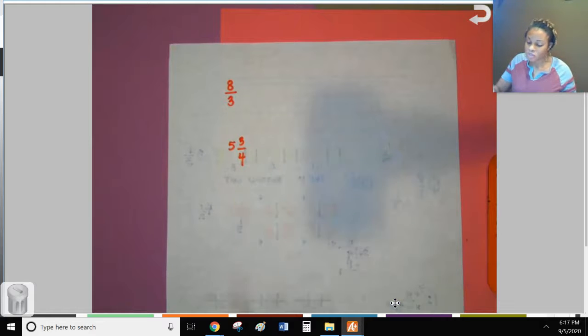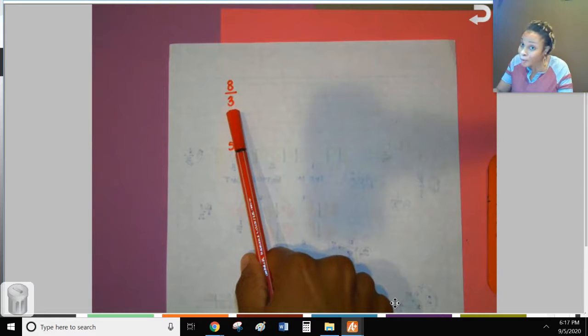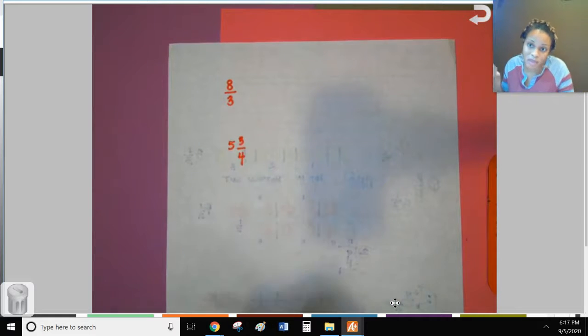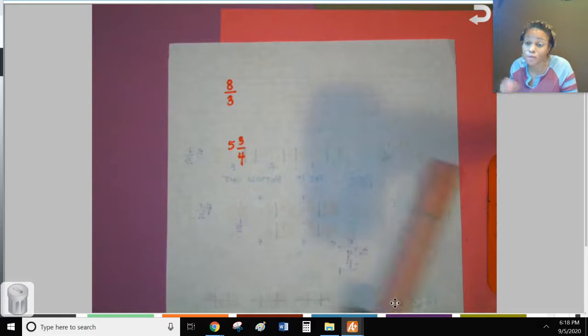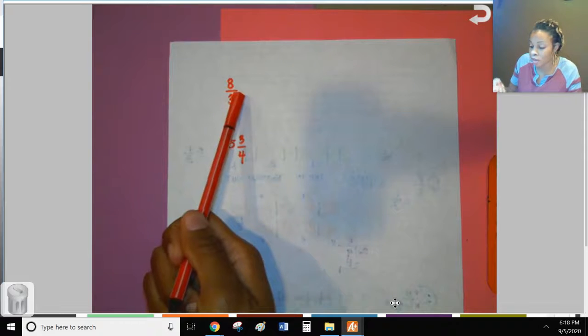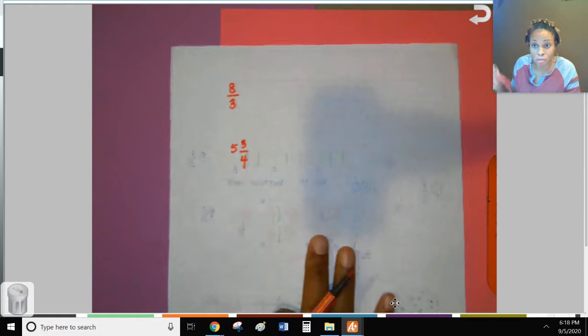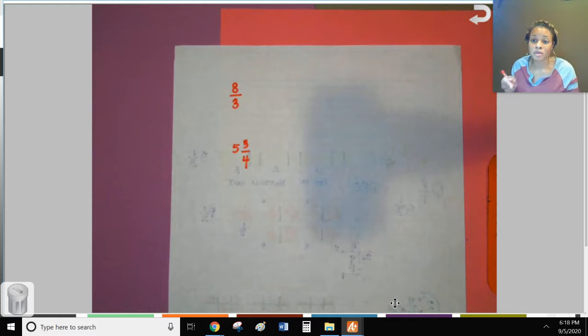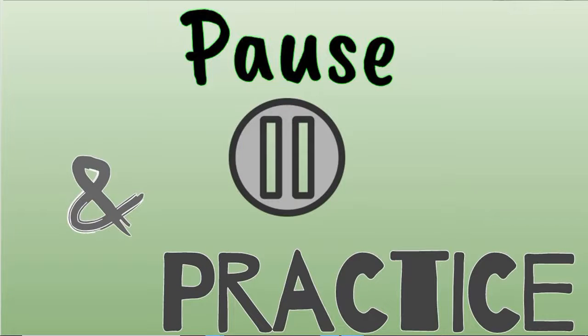So try changing this with the algorithm, okay? I want you to practice the algorithm because it's faster. If you like the model, you can do both, but I want you to practice the algorithm because it's faster. Change this to a mixed number. Change this to an improper fraction. Pause the video, stop, do this, come back.